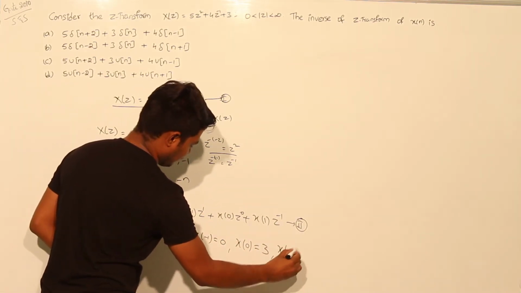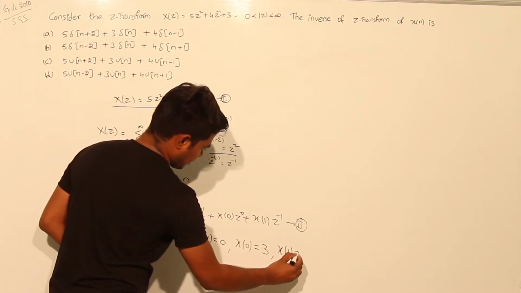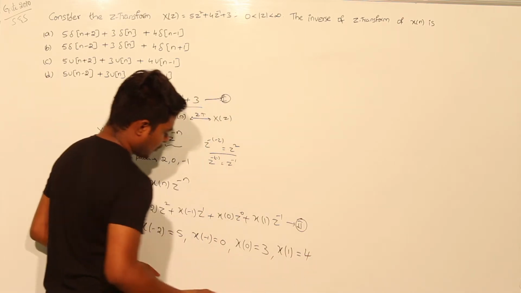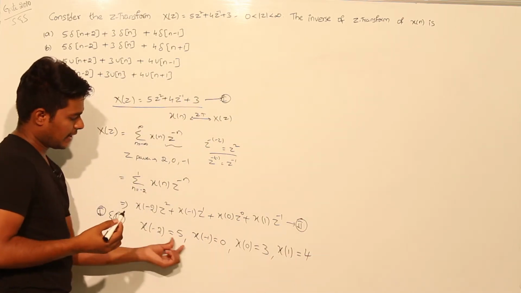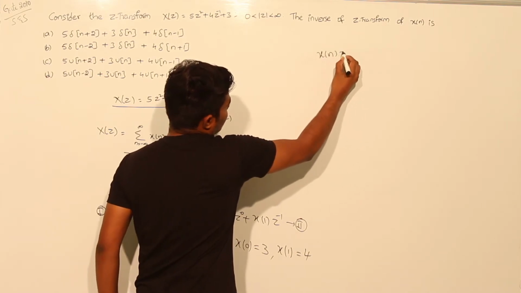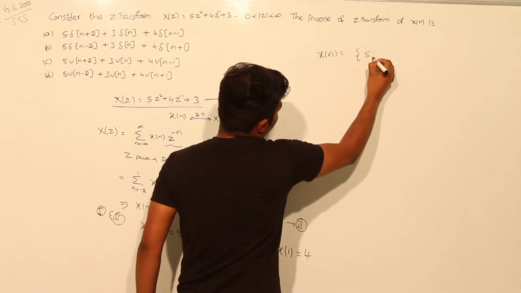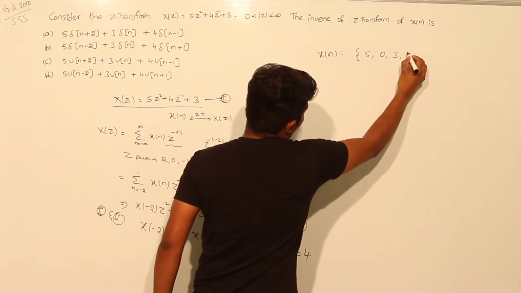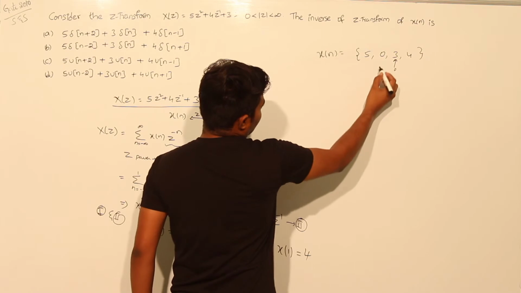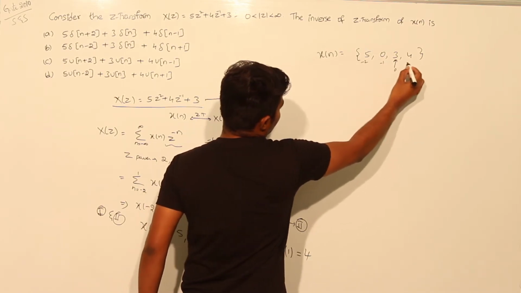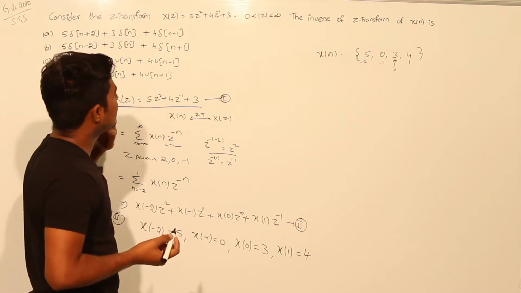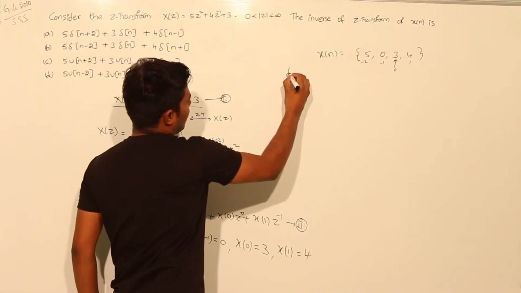And x of 1 is the z inverse component, that is 4. So we have got the x of n values 5, 0, 3 and 4. So x of n equals 5, 0, 3, 4, where 3 is at the 0th position indicated by the arrow mark. This will be at minus 1, this at minus 2, and this at plus 1 position. But as I said earlier, the answer is in the form of impulse response del of n.